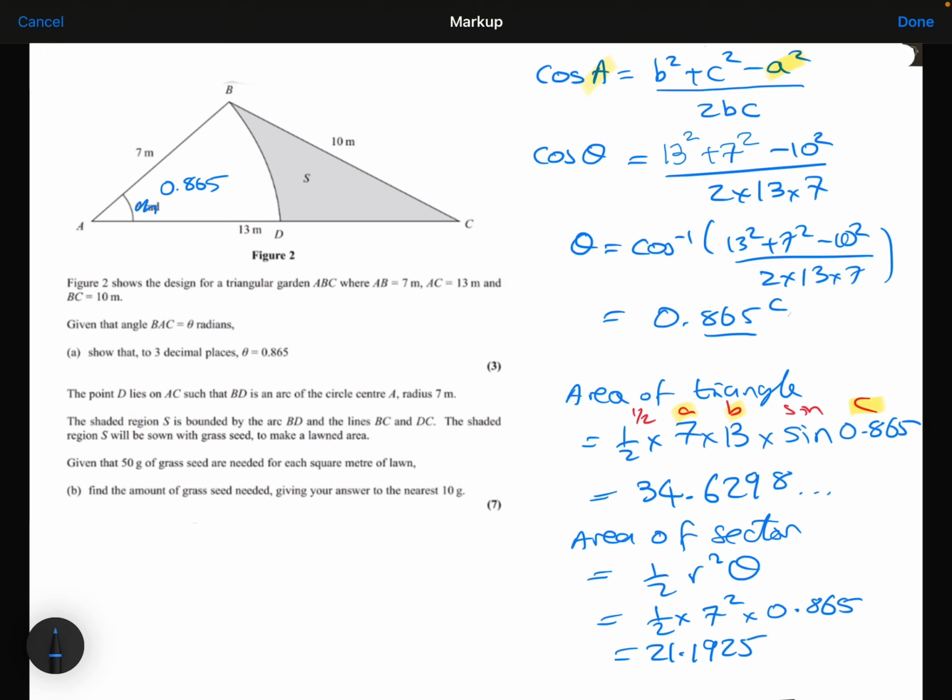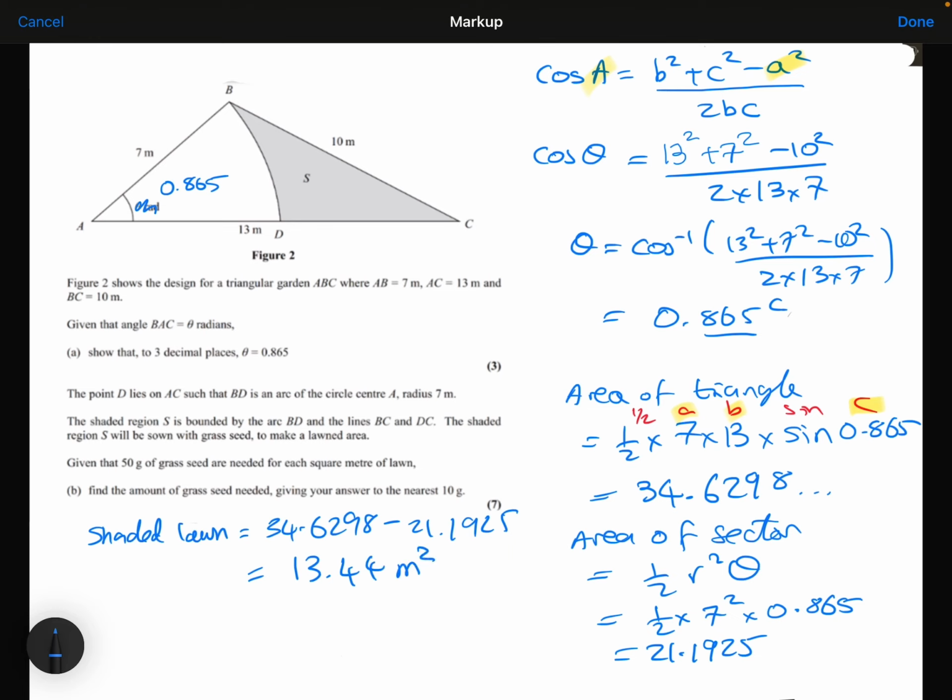So therefore the shaded lawn is the 34.6298 minus the 21.1925, which gives 13.44 metres squared.